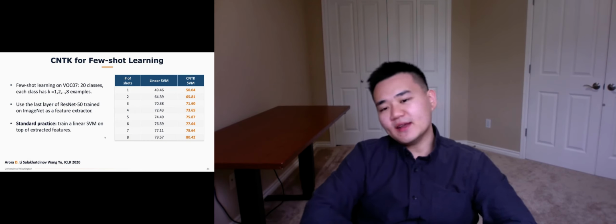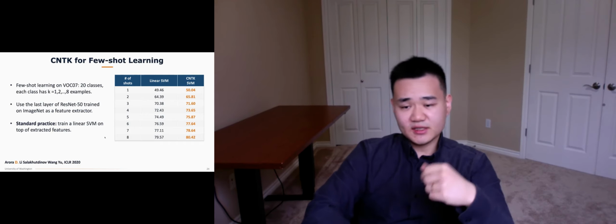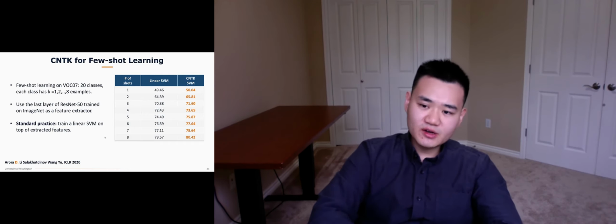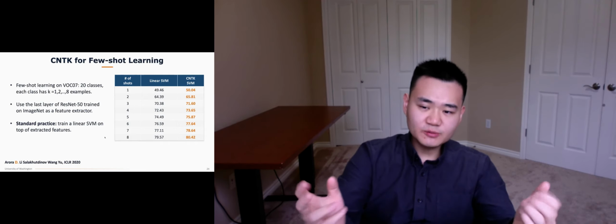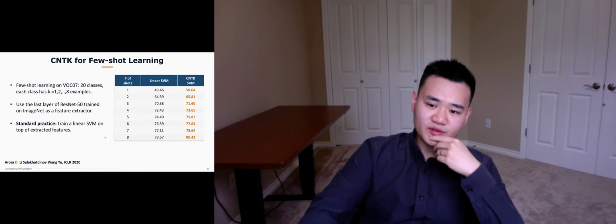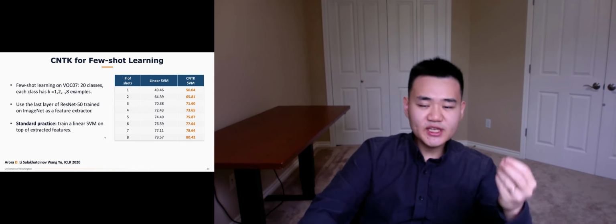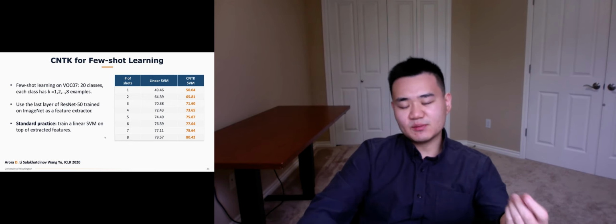Another experiment we try is on the few-shot learning task, where we design this convolutional neural network kernel. The setting is like this. It's few-shot learning on the VOC7 dataset, which has 20 classes, but each class only has 1 to 8 examples.